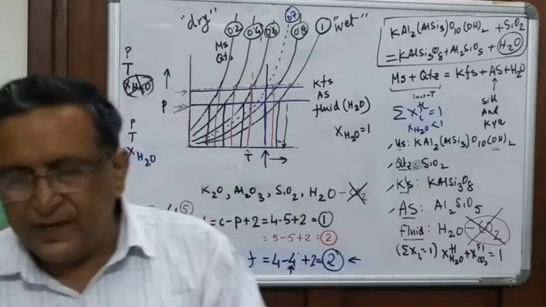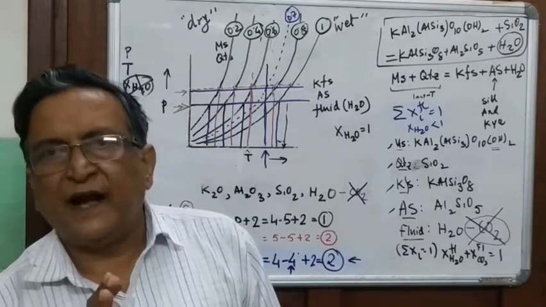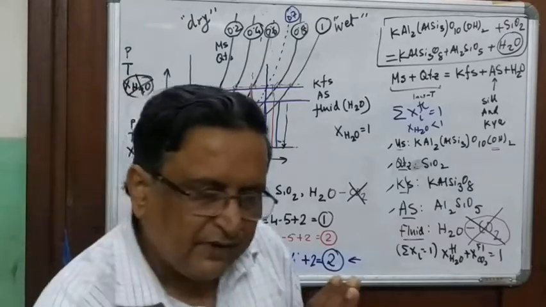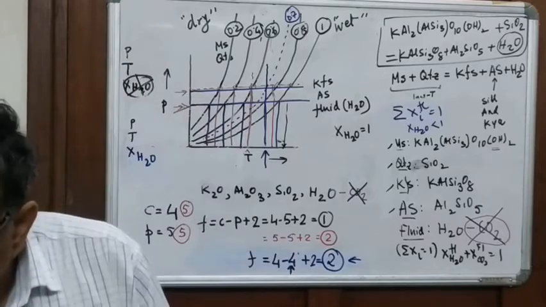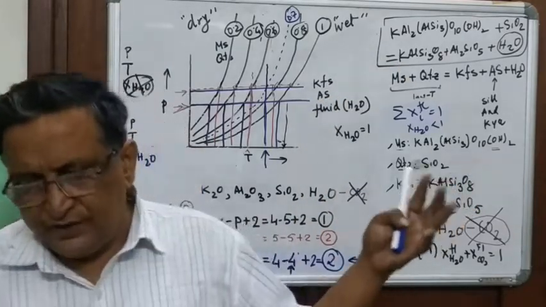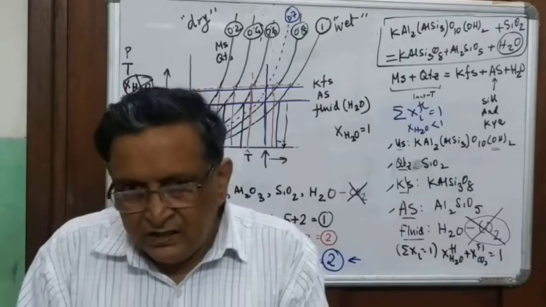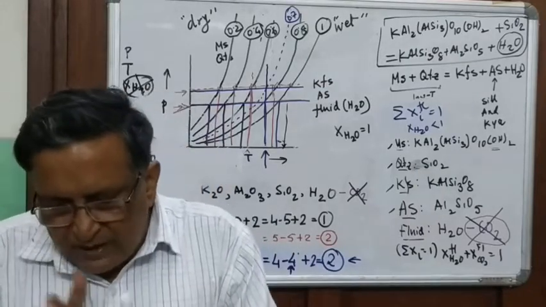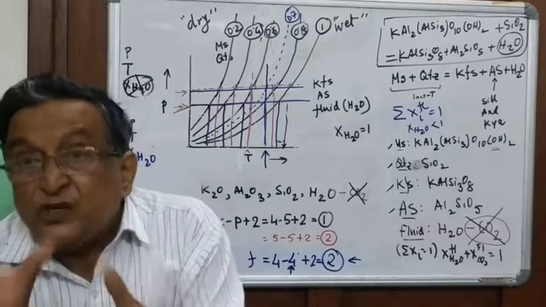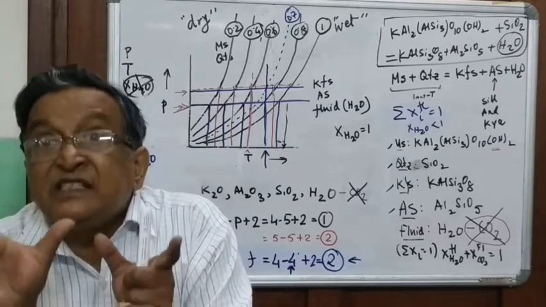Remember, fluid present is summation of mole fraction equal to 1. Fluid absent means the sum of the mole fractions is not equal to 1. It's a big difference. We will see that later. It's a huge difference because when you say that x1 plus x2 plus x3 plus x4 is equal to 1, it's an equation.